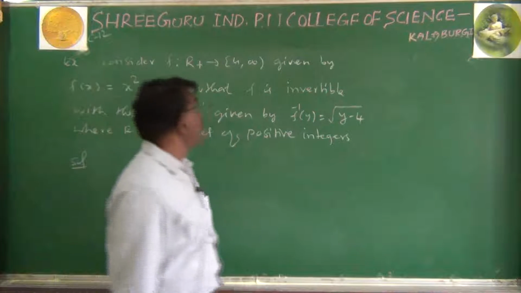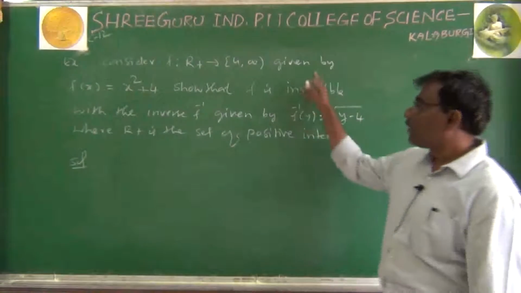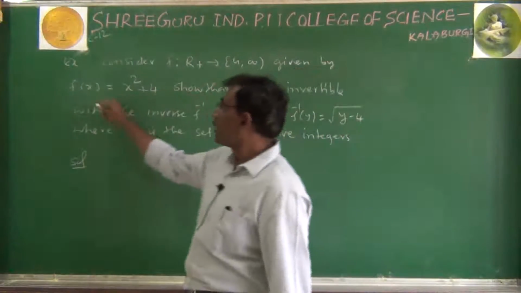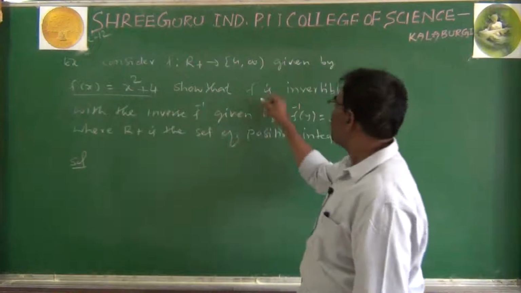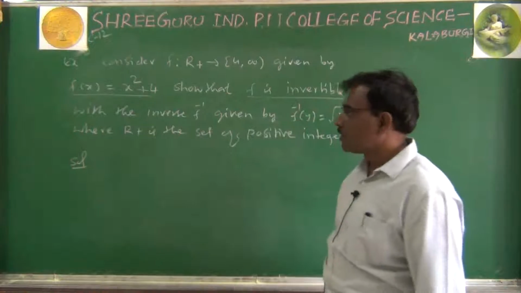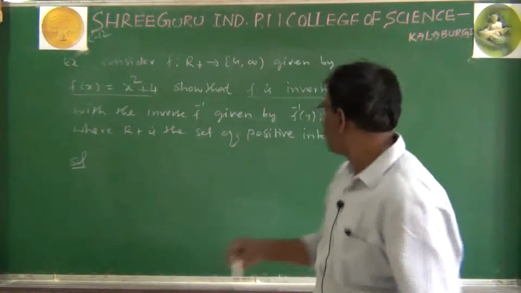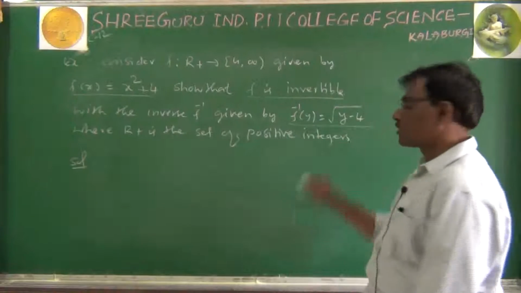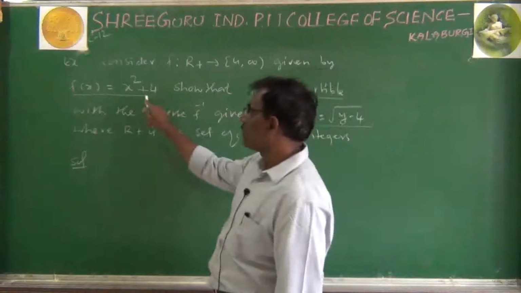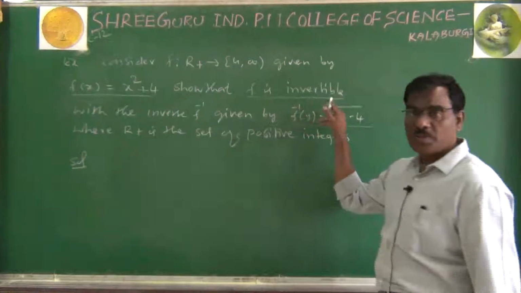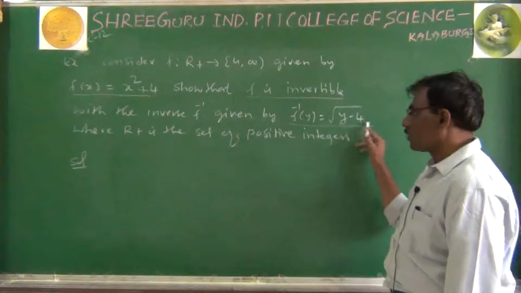Consider f from R plus to [4, infinity) given by f of x is x square plus 4, so that f is invertible with f inverse equal to root of y minus 4. F of x is x square plus 4 and f is invertible, we have to prove, so we have to prove f inverse of y is root y minus 4.